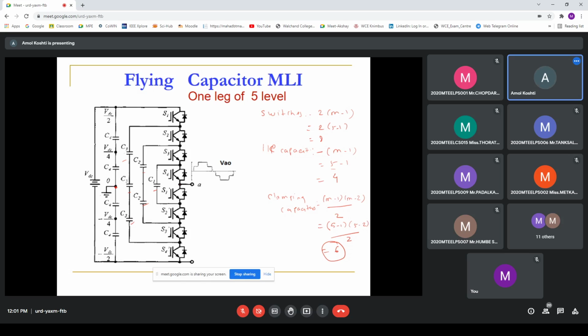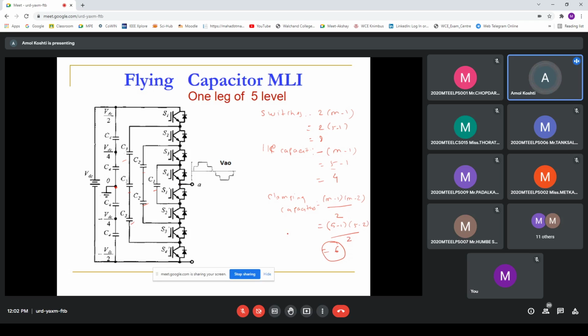So the cost of the capacitors is a little bit higher than the diode clamp inverter. There is unnecessarily more storage than required, and because of this there is unnecessary storing. Cost wise we also need to invest more in the capacitors, so it becomes a little expensive as compared to the diode clamp multi-level inverters.